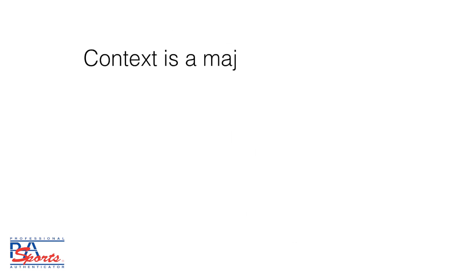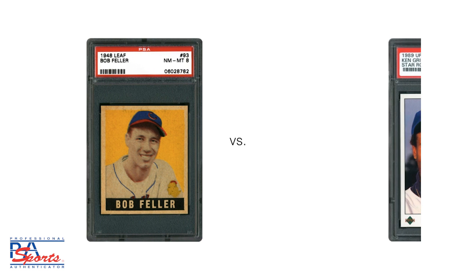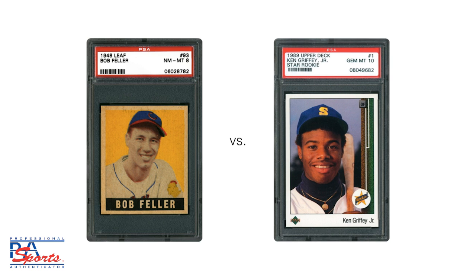Remember that context is a major consideration. A card from 1948 versus a card from 1989, for example, has different criteria to examine. There are printing differences, card stock differences, and so on. Here are two great examples, a 1948 Leaf Bob Feller and a 1989 Upper Deck Ken Griffey Jr. rookie.